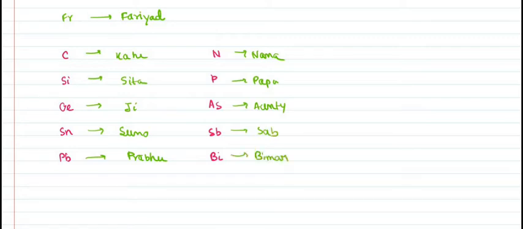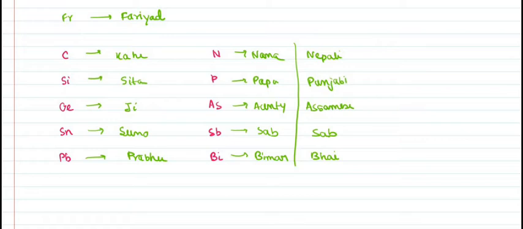So Nana, Papa, Auntie, Sub, Bimar for N, P, As, Sb, Bi. Or else we can use Nepali, Punjabi, Assamese, Sub, Bhai. We can use this or this, whatever we feel like for the 15th group.